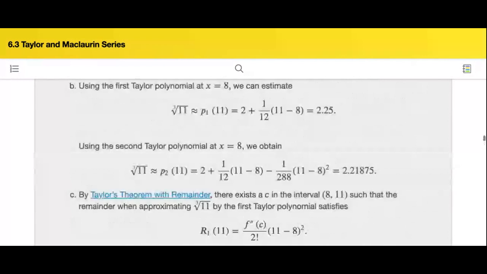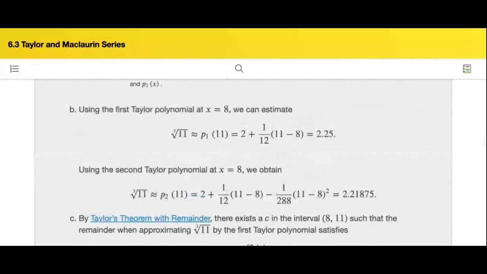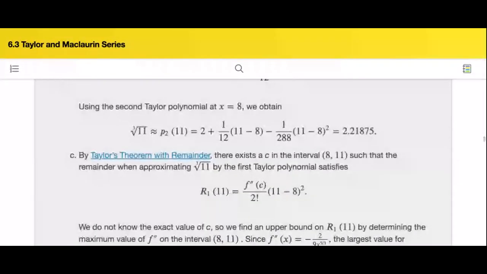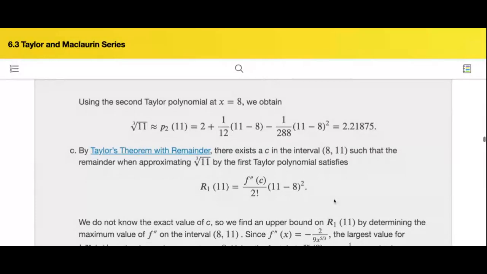If we take more terms, if we do a higher order Taylor polynomial, the approximation will be more precise. So to calculate R1 or R2, we use Taylor's theorem with remainders, right?